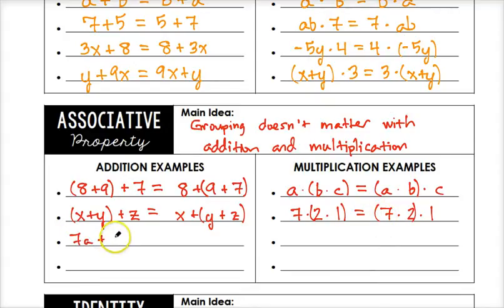I could take 7a plus 2 plus y, and over here I could group 2 plus y. Over here I could group 7a plus 2. Again, my answers would be the same. I could do 6x times 2y times 3.